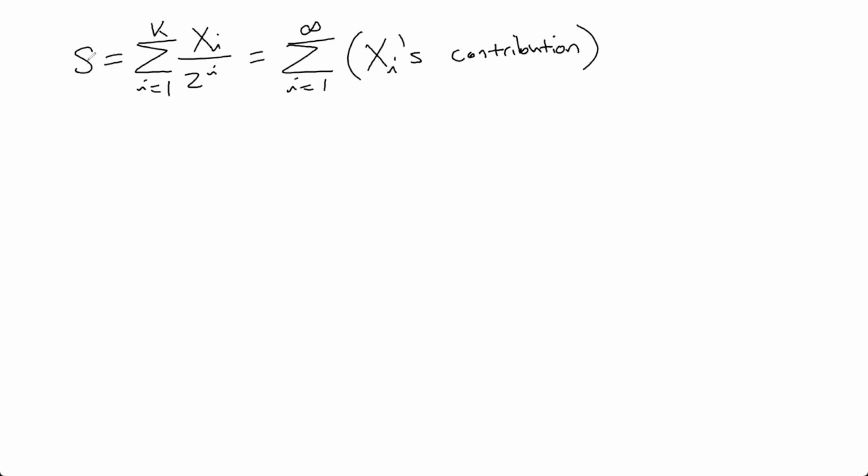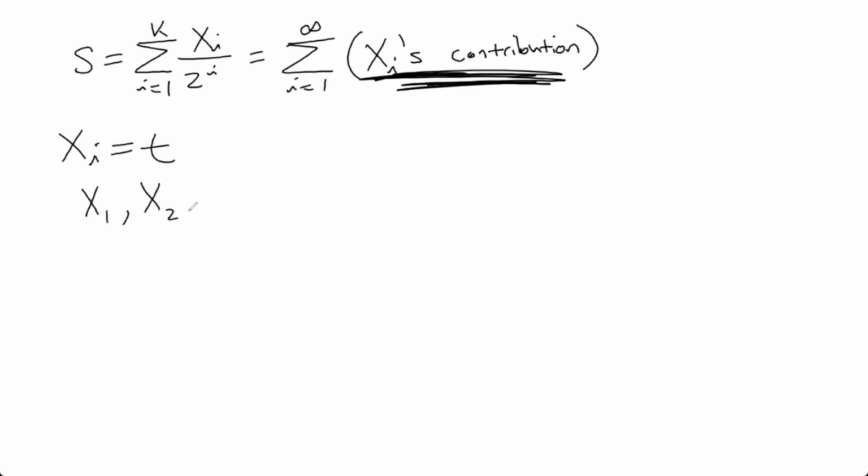I'd still like to find the expected value of S, and in order to do that, I'm going to have to learn something about when x sub i contributes 0 and when x sub i contributes some non-zero quantity. For simplicity, I'm going to suppose x sub i is equal to some fixed value t. And let's think about when x sub i contributes a non-zero amount to the sum.